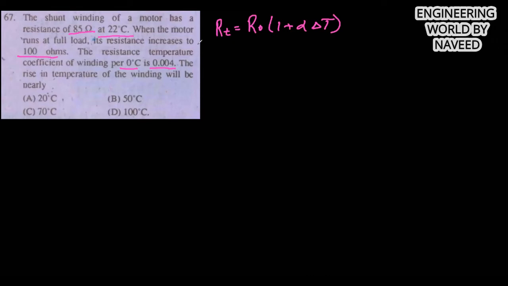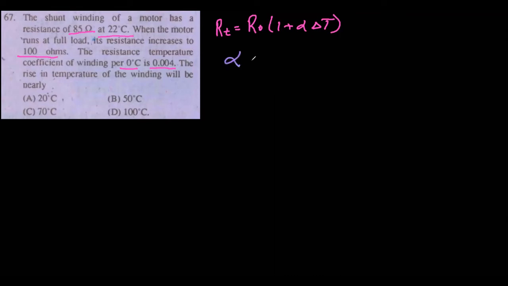So if the temperature is not 0 degree, then you will use this formula. The temperature coefficient will be equal to R2 minus R1 divided by R1 T2 minus R2 T1.